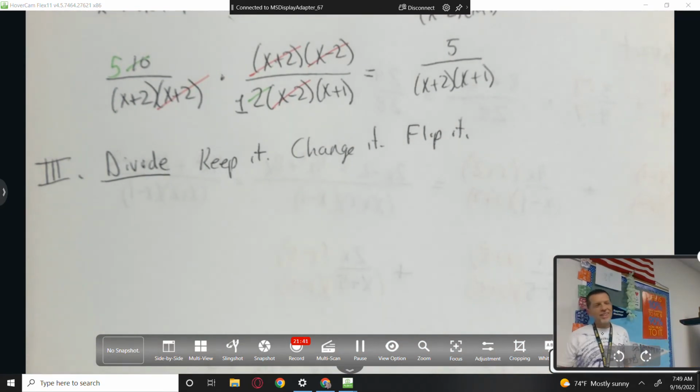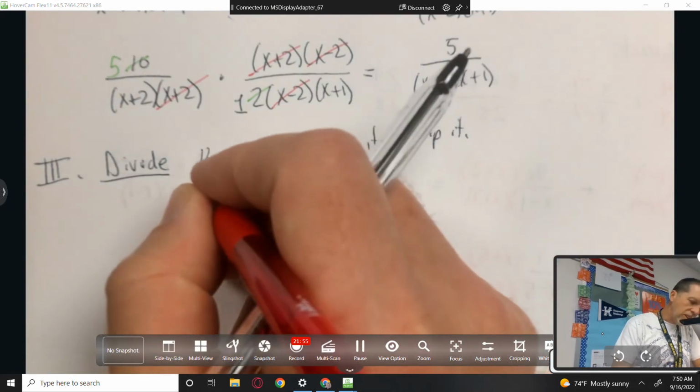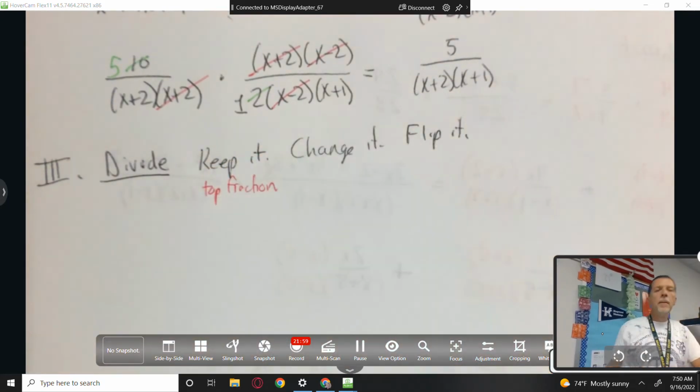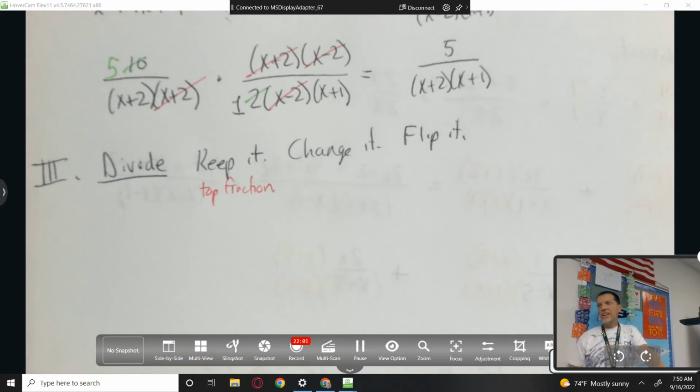It's right, but there's a lot in there. Keep it, change it, flip it. Keep what? Keep the first fraction, or the top fraction. Change it. Change what?